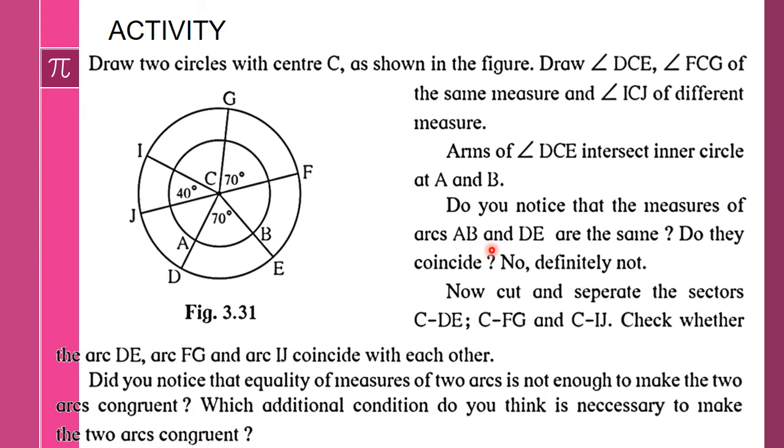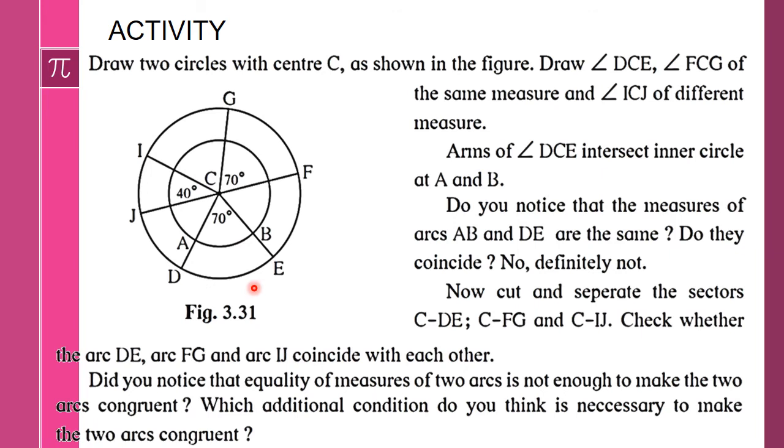Okay. Next question is, do they coincide? Now if you see this AB and DE, can they coincide? That means if you keep DE over AB or AB over DE, are they of equal length, or will they coincide? No, because though the measures of both the arcs are equal, AB is smaller and DE is larger in size.